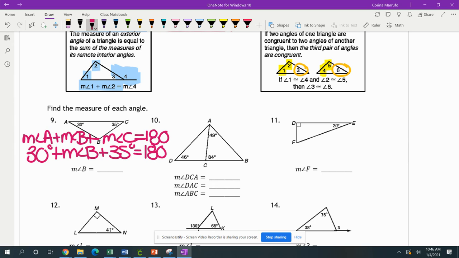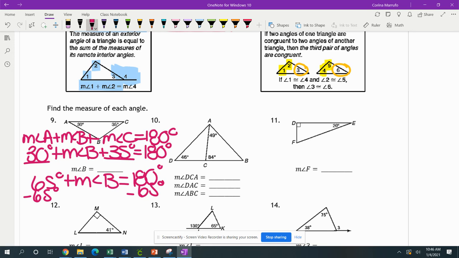I'm going to combine my like terms. 30 plus 35 gives me 65 degrees, plus the measure of angle B equals 180. Then to solve for B, we subtract the 65 on both sides. 180 minus 65 gives me 115.